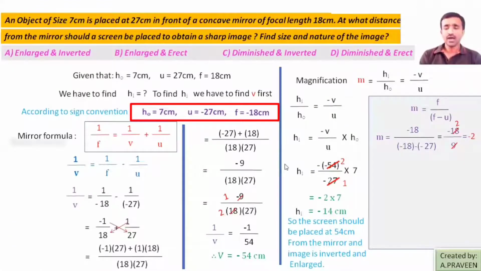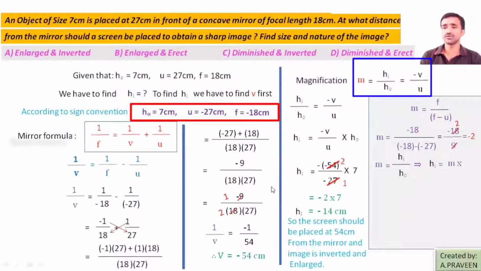Here I have the magnification relation as you see here: M equal to Hi by H naught. I am going to use that relation to find Hi. By transposing, I write Hi is equal to M into H naught.